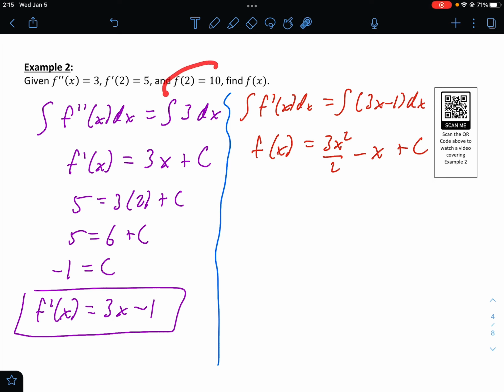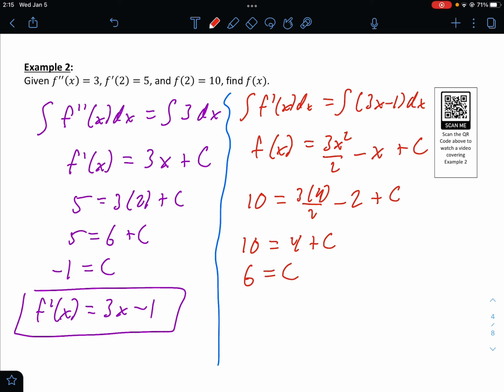And I know the point 2 comma 10 is on f. So 10 equals, if I put 2 into that, I would get 3 times 4 over 2 minus 2 plus c, which is 12 over 2, which is 6. So 6 minus 2, which is 4 plus c, or c is 6. So our final answer here for f would be 3x squared over 2 minus x plus 6.